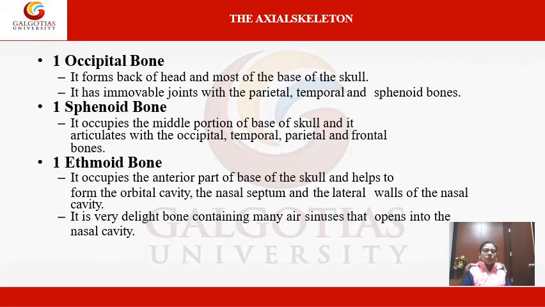Next is one ethmoid bone. It occupies the anterior part of the base of the skull and helps to form the orbital cavity and nasal septum. It is a very delicate bone containing many air sinuses, and these sinuses open into the nasal cavity.